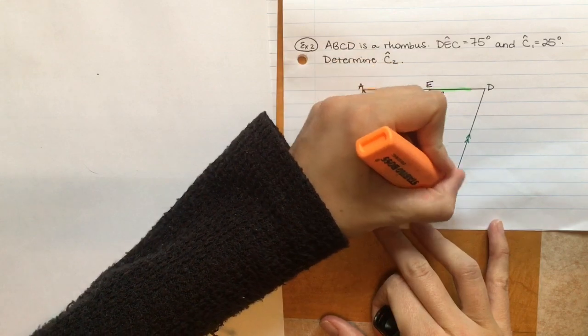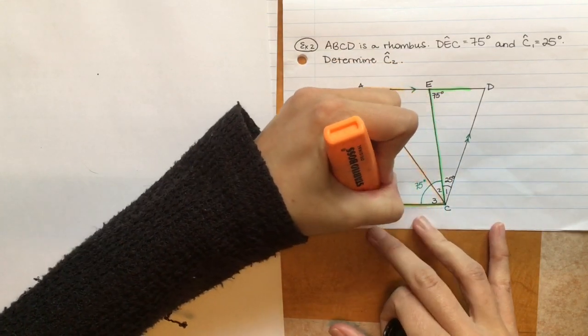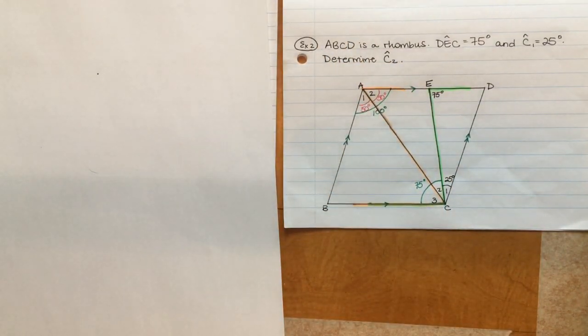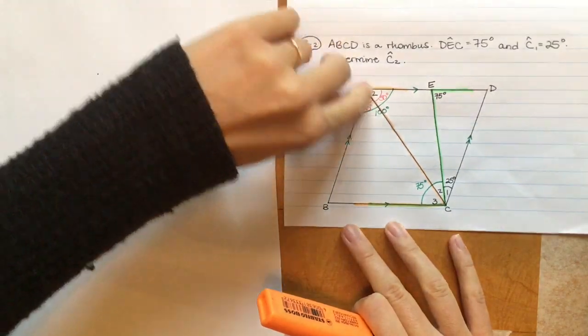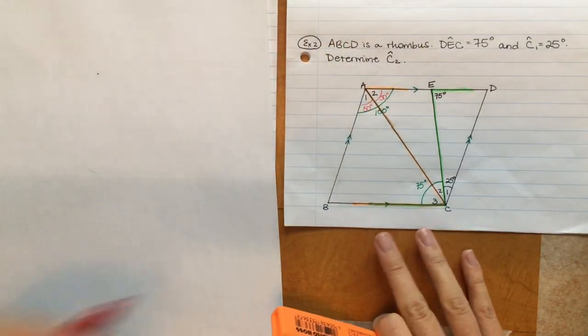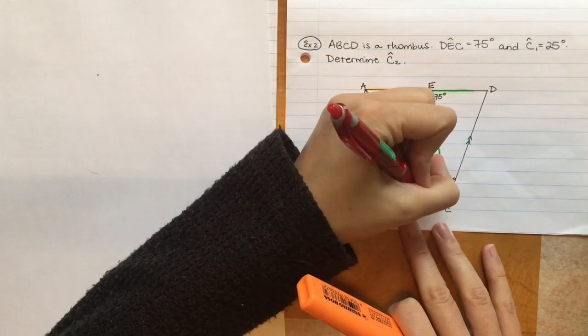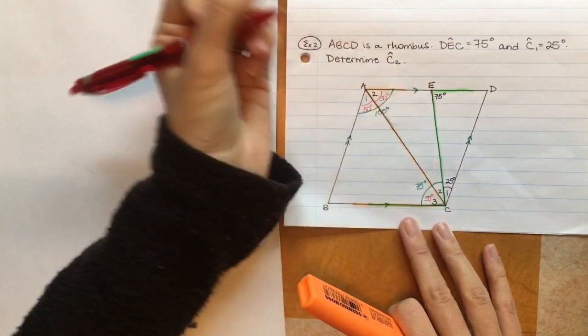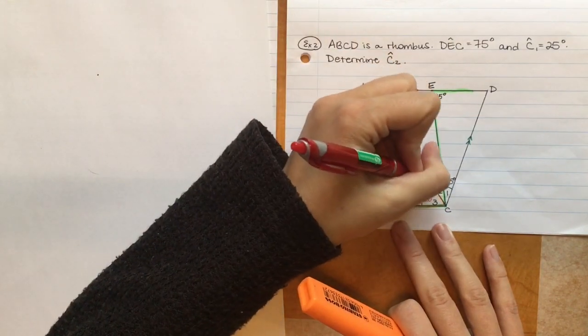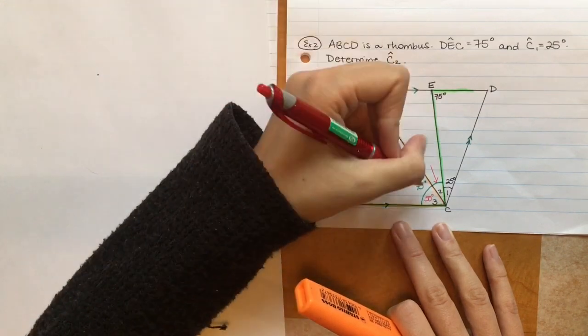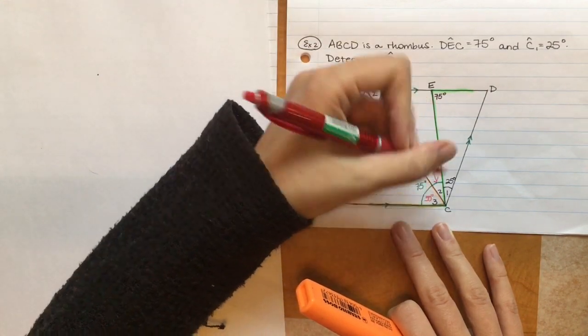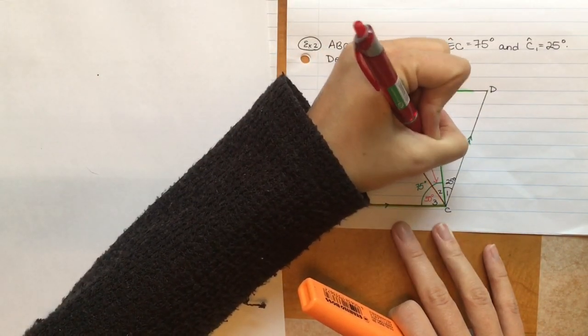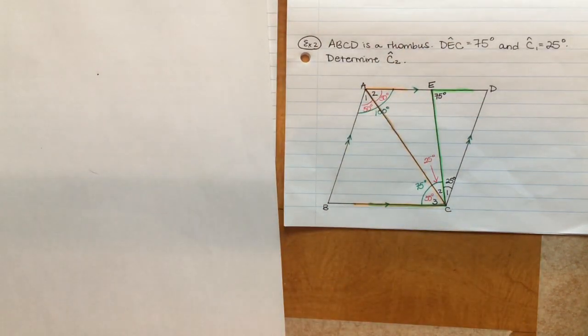And I have another Z shape there, which I can highlight in another color. So A2 is alternate to C3, which means that C3 has to also be 50 degrees. So hopefully you can see now what C2 has to be. 75 minus 50 gives me 25 degrees.